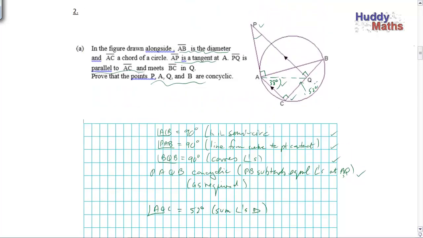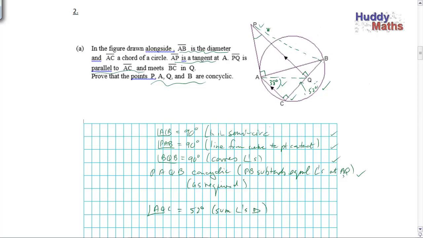Now we want to go up here to APB, sorry. So APB up here. Oops, no, APB is actually that one there, isn't it? APB is across there. All right, so what can we do? Well, we can say AQB here, that's 52, what could we do here with AQB?